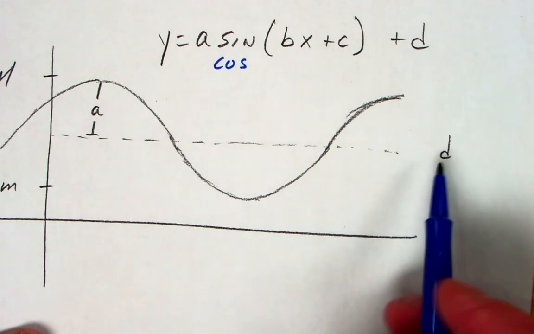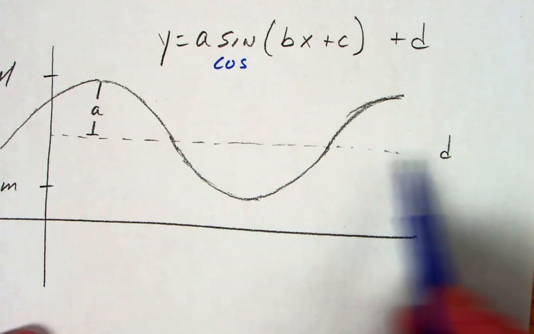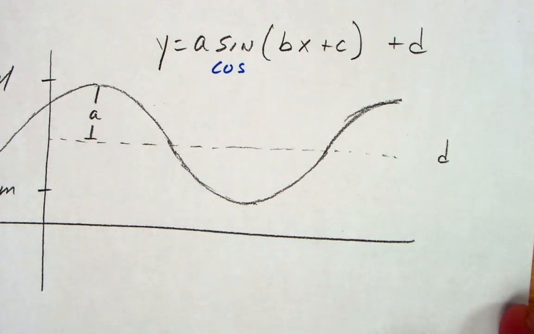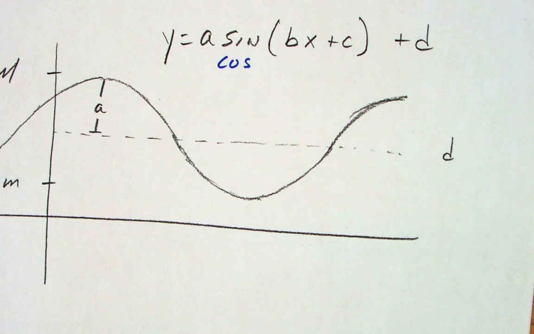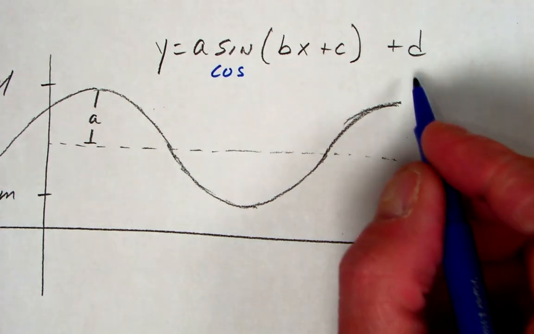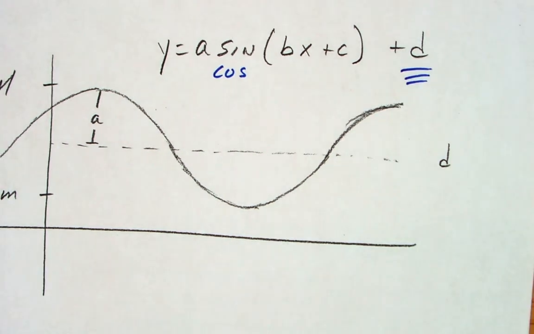This D, we started to pick this up yesterday. The D is how much the whole thing's been vertically shifted. Okay. This is how much has been vertically shifted, and that right there, in the past, has been our upward shift.